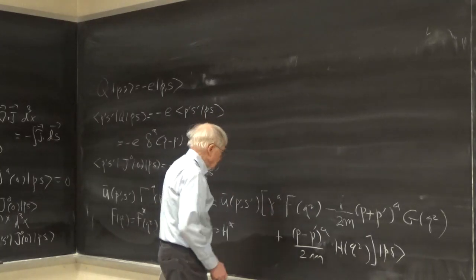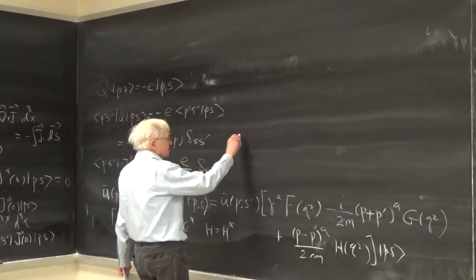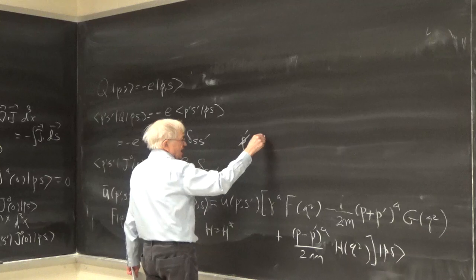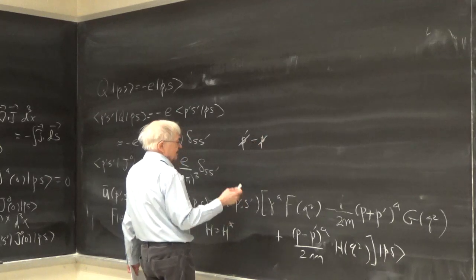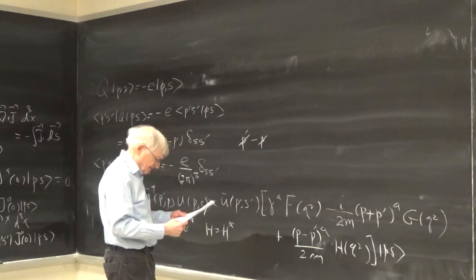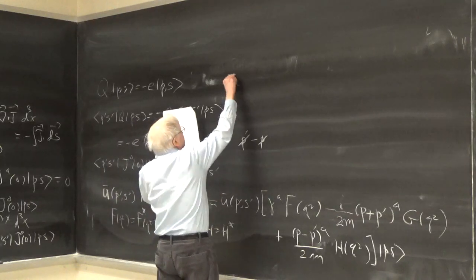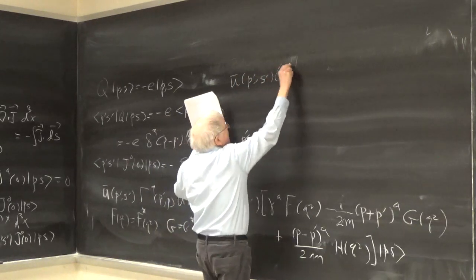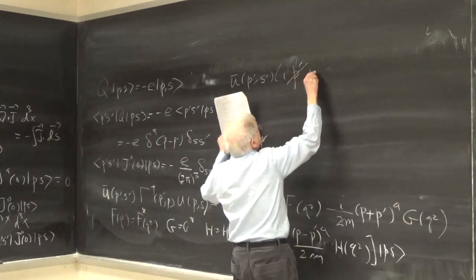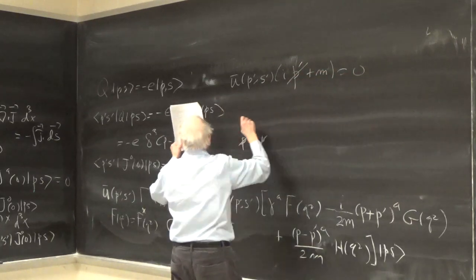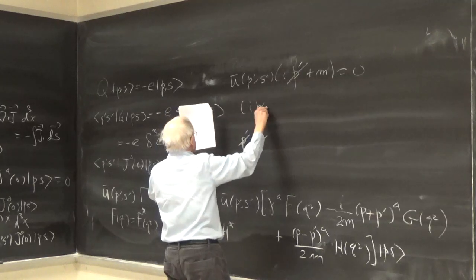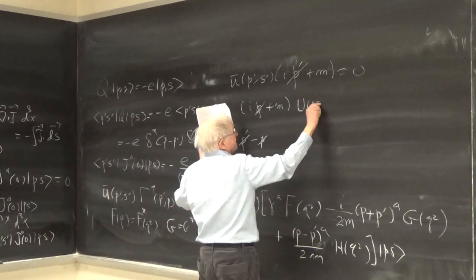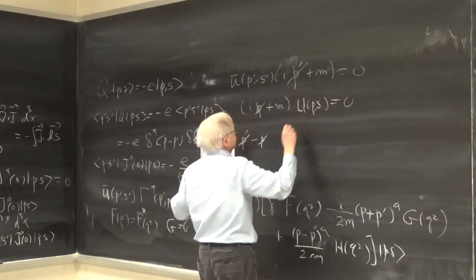This term gives you something proportional to p′ slash minus p slash. On the other hand, the Dirac equations in momentum space are ū(p′,s′)(i p′ slash + m) = 0, and (i p slash + m) u(p,s) = 0.